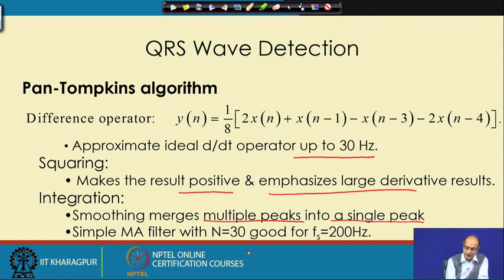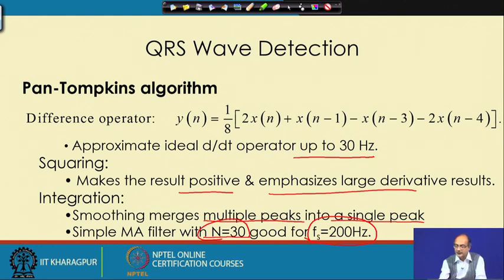Okay. And for that purpose, the MA filter is used, and they found that n equal to 32 gives actually good result for Fs equal to 200 hertz. Now, if you ask why they have chosen n equal to 30, it is difficult to answer.